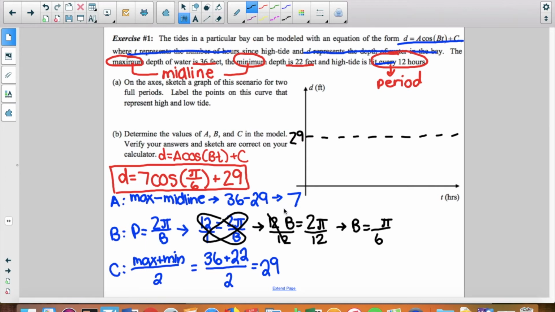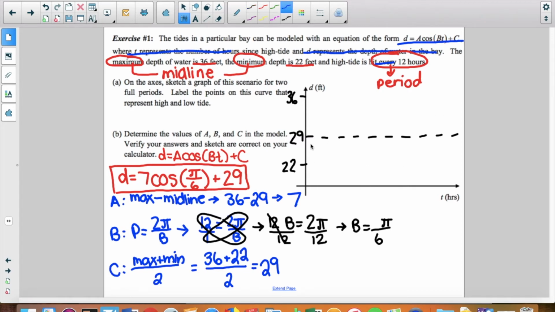Now, our maximum was 36, so I know I'm going to have to go up to 36. Our minimum was 22, so I know I'm going to have to go down to 22. That's really all the numbers we need on our axis. Now, the only last thing we need to mark is what our period will be. But I'm going to do that after we sketch 2 cycles so I know exactly where to put it.